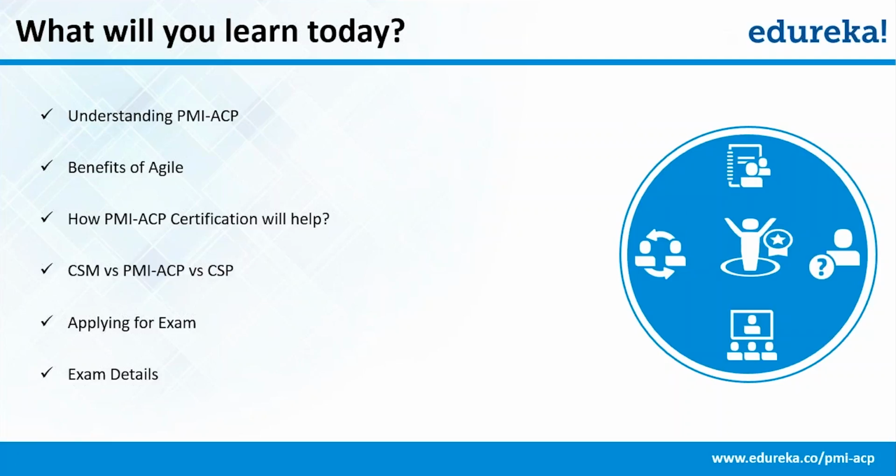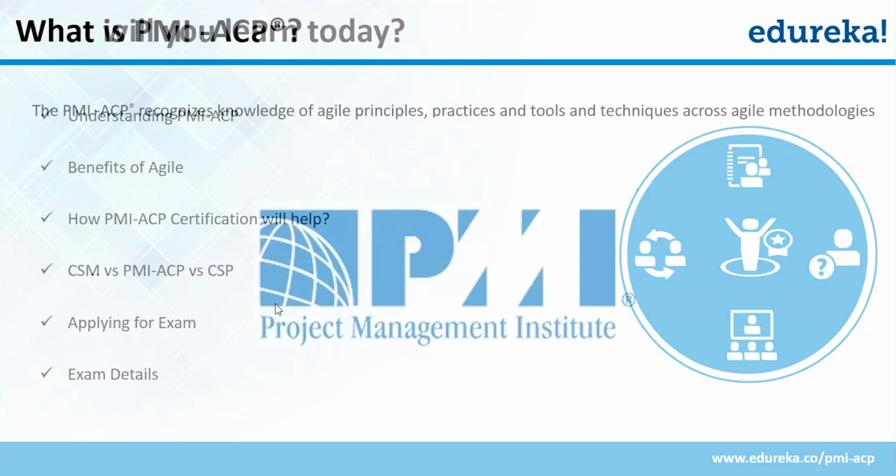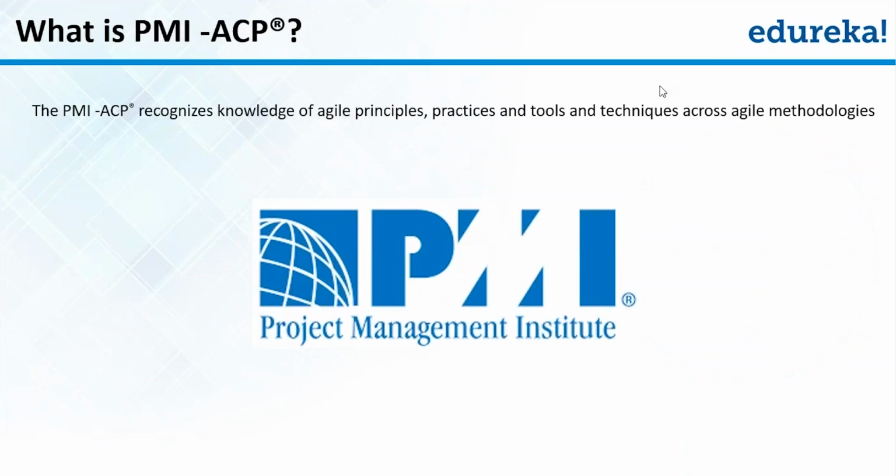And then we are going to look into the CSM, the Certified Scrum Master, versus PMI-ACP versus other practitioner certifications, or whatever we have in the industry. And then I'm going to talk about applying for the exam and also some details on how to apply and what the patterns are like. Okay, so let's start off.